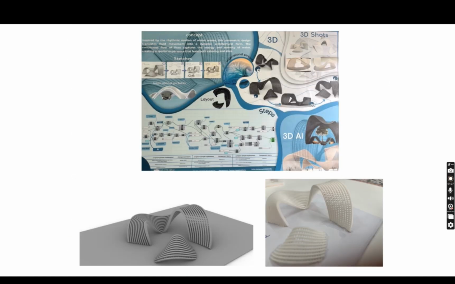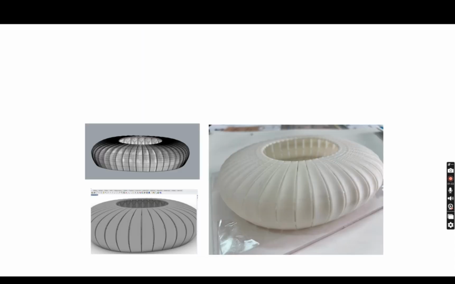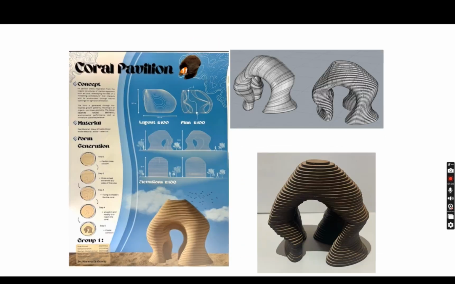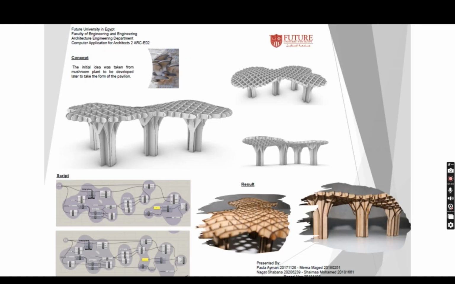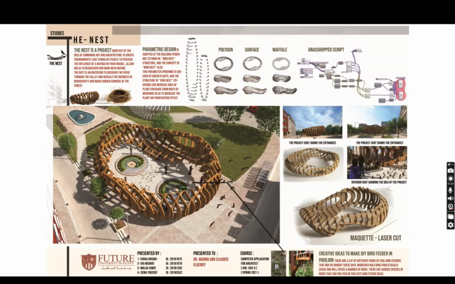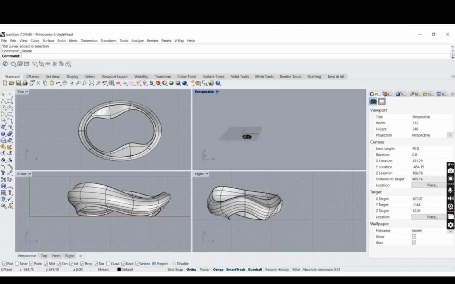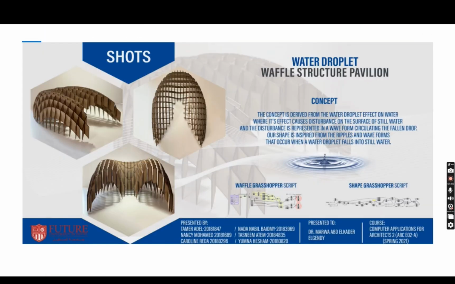We will start with a simple shell. These are different examples from students' work, how to make different shells and how to produce them with digital fabrication, and connect these. These are different examples, like a water drop.